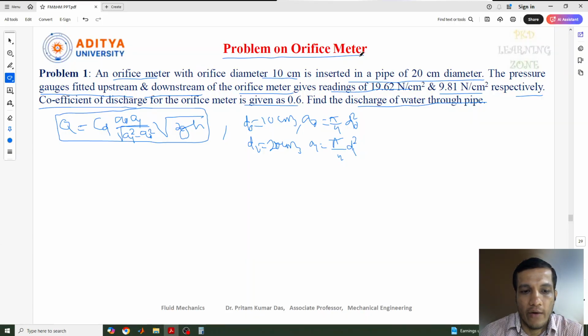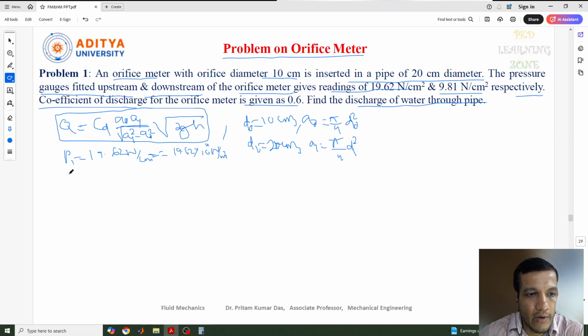Okay. And now these two pressure values, pressure 1 and pressure 2, are given. So I can write P1 is 19.62 Newton per centimeter square. You can write this in meter square, that is 19.62 into 10 to the power 4 Newton per meter square.